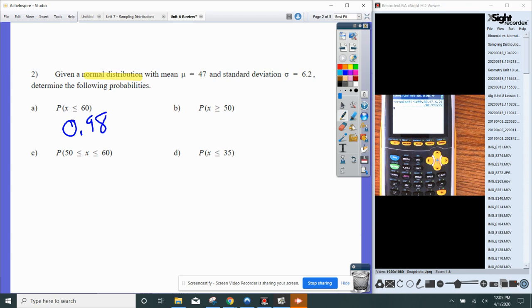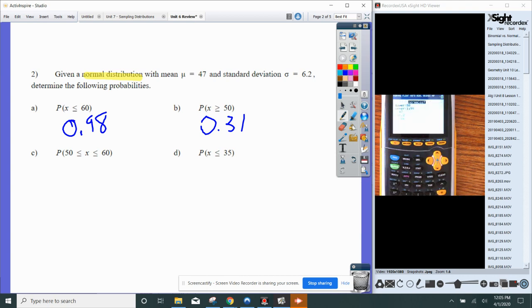All right, for letter B, we're going above 50, so we're going to use 50 as the lower, 1E99 for the upper, those are going to stay the same. 0.31. Between 50 and 60.